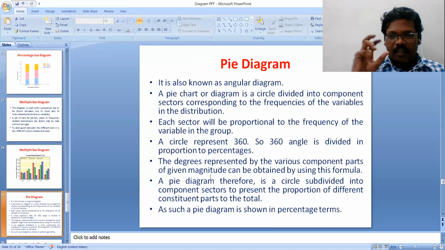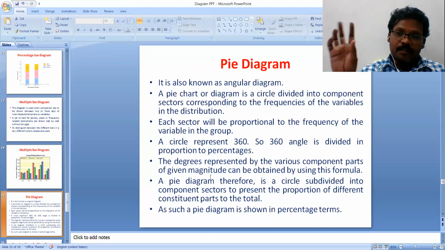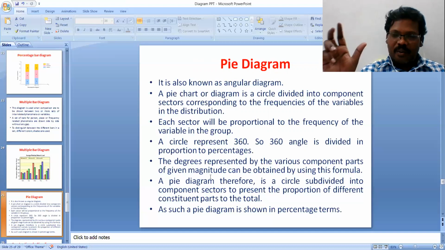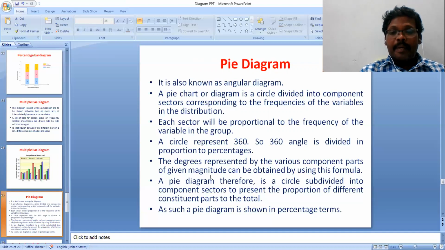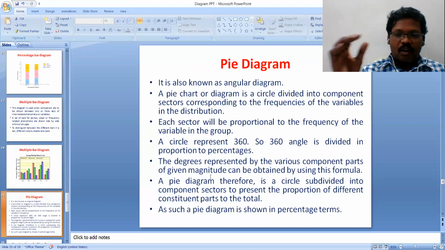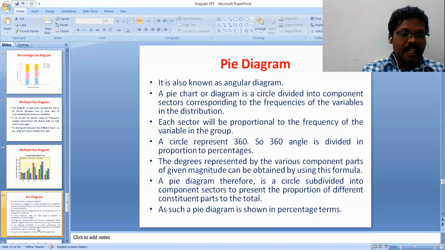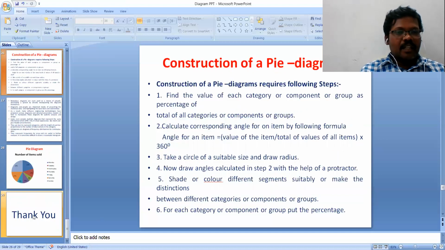For the total, we divide into subgroups based on their volume, value, frequency or percentage. Such a pie diagram is also explained in percentage terms.